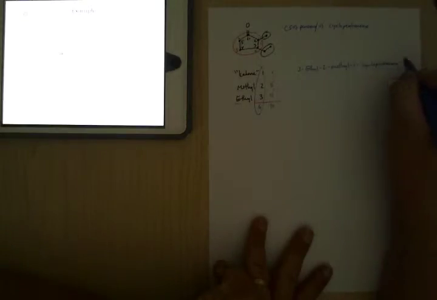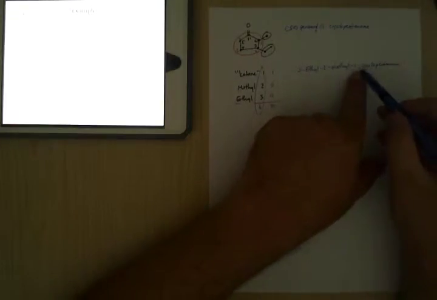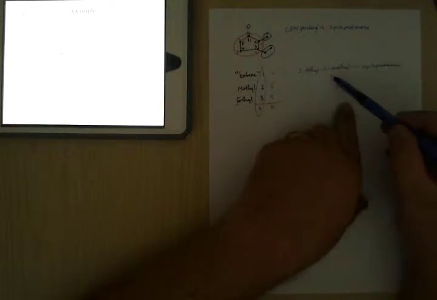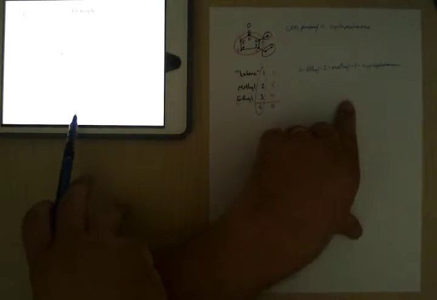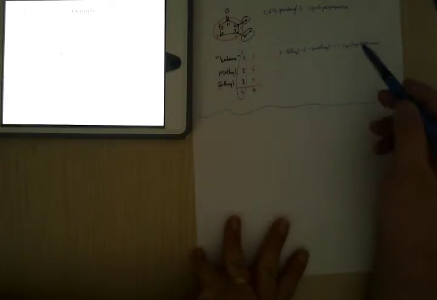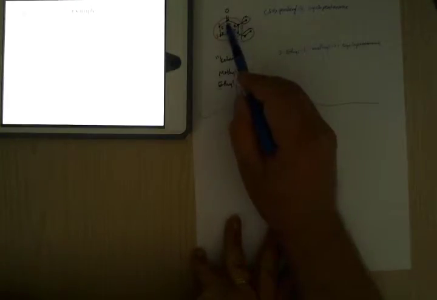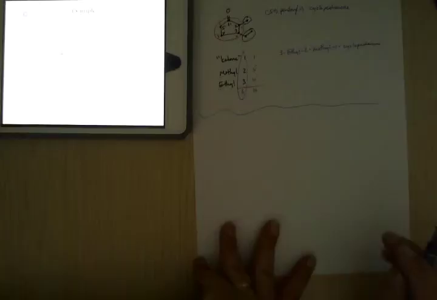Now you could also just say 3-ethyl, 2-methylcyclopentanone. You don't necessarily have to put that 1 in there. Here I don't put it. You can do it either way; I'm going to count it right either way. But if you want to keep it straight, you can put it in there. The carbonyl C=O is always going to be carbon 1 in that ring.